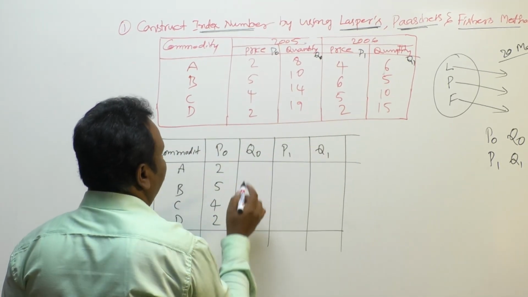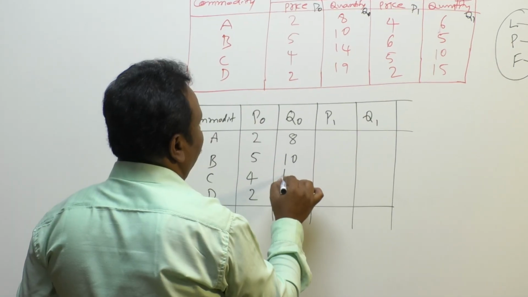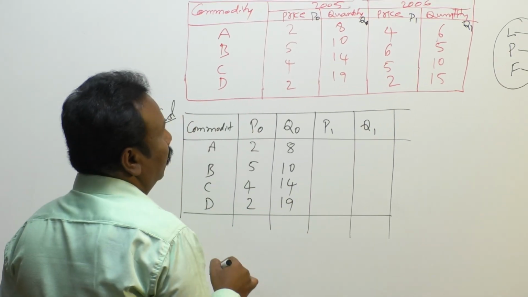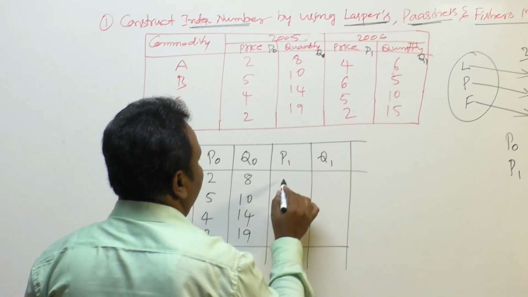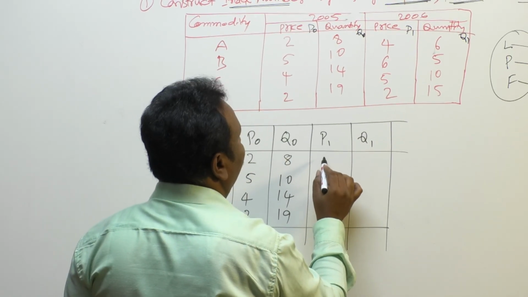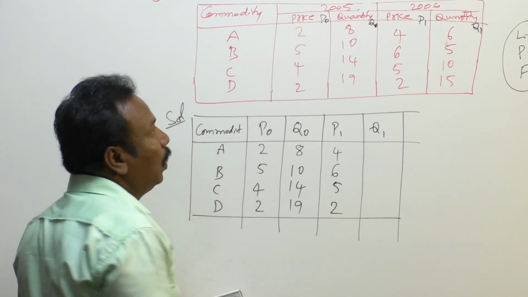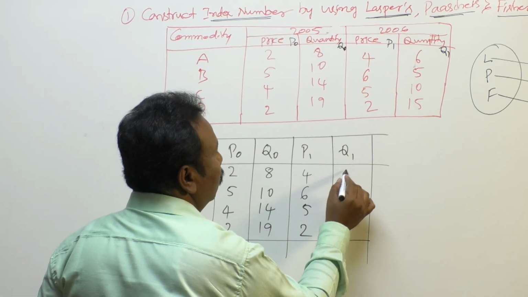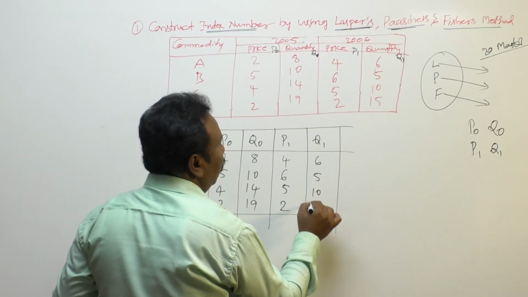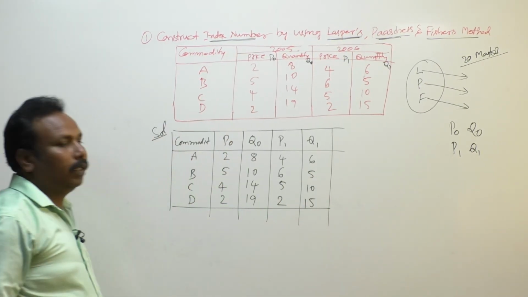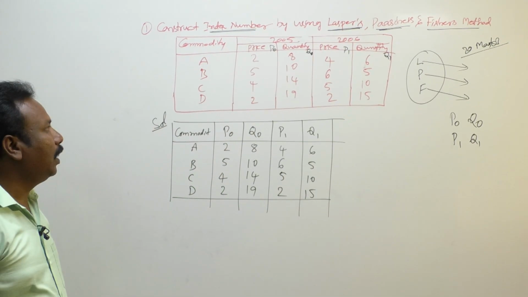Base year quantity Q0 is 8, 10, 14, 19. Then the current year price P1 is 4, 6, 5, 2. Current year quantity Q1 is 6, 5, 10 and 15. This is the data given in the question.